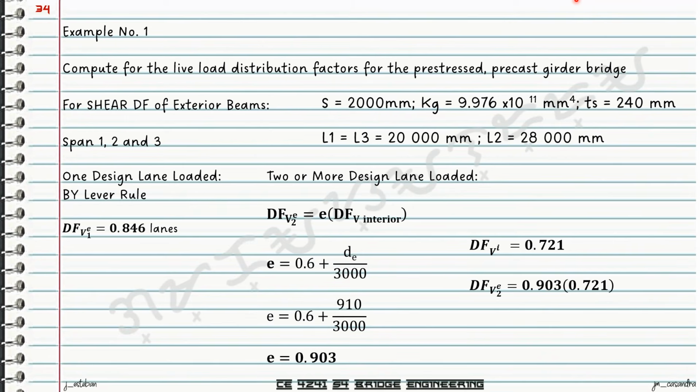So E times the interior distribution for shear will give us a value of 0.651 lanes. Compare again this value to our one design lane load. This is lesser compared to the distribution factor of the shear for exterior one lane loaded. Therefore, what controls our shear distribution for exterior beams is 0.846.